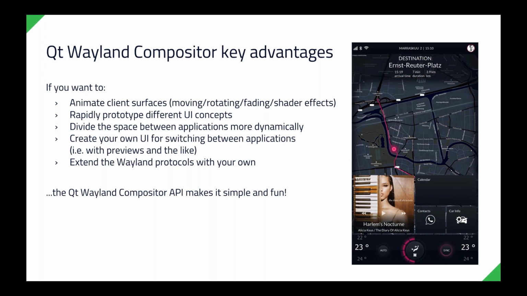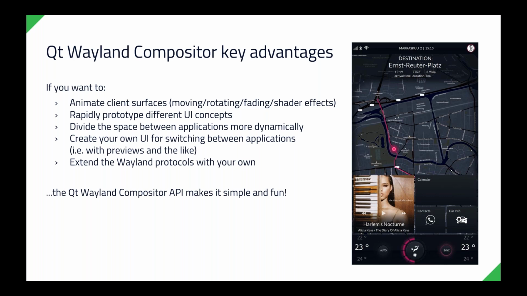The key advantages of our API are that you can animate client surfaces, such as moving them, rotating them, fading them, applying effects. You can rapidly prototype different UI concepts, or divide the space between applications more dynamically. And also create UI for switching between applications and showing previews and such.